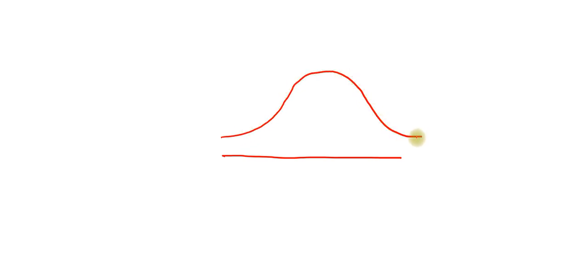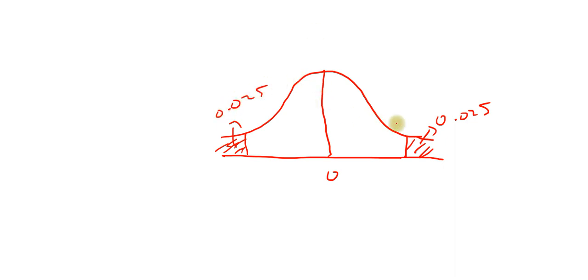You have a t distribution and you have the zero value here because it is a two-tailed test. So you have two tails to consider, which means that this becomes 0.025 and this becomes 0.025. So what you need to do is find out what this value is.